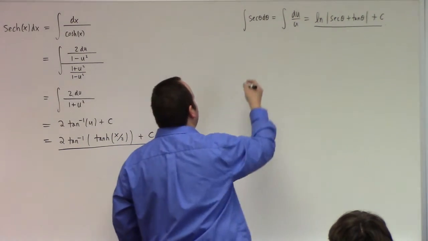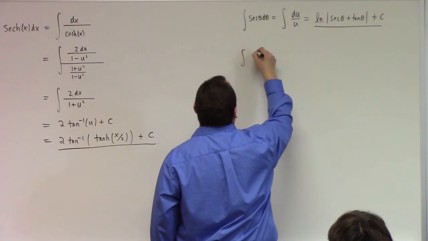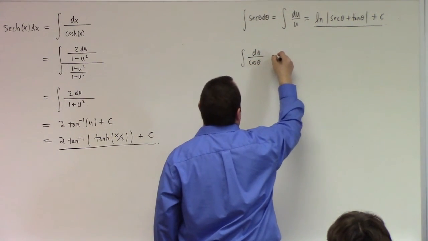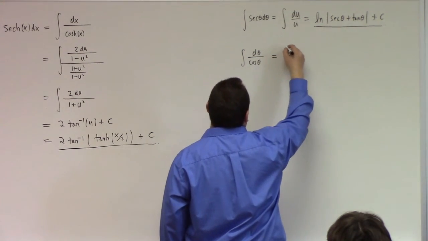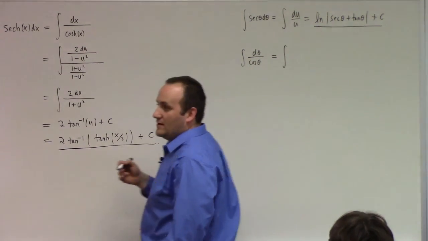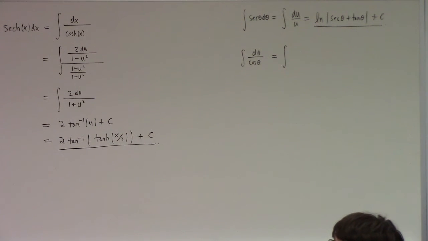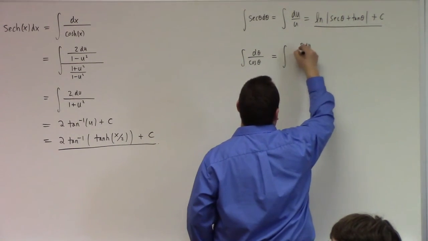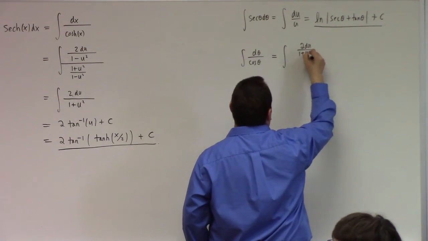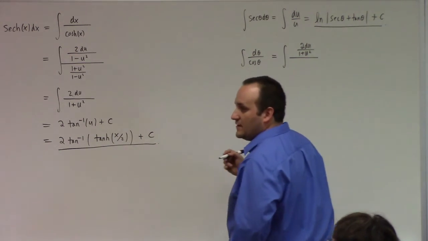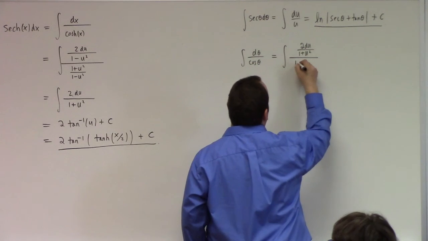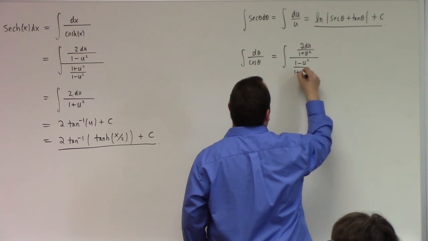In view of the Weierstrass machine, this is the integral of d theta over cosine theta, right? And so you're like, aha, well, fine, you're in my house now. And Mr. Weierstrass says that's 2 du over 1 plus u squared, divided by cosine theta, which is 1 minus u squared over 1 plus u squared. Right?